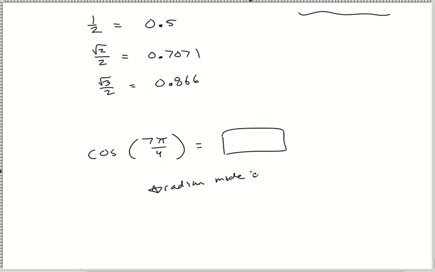Sorry, I was just changing my mode. Cosine of 7 pi divided by 4, and from my calculator I got 0.7071. I wonder what the answer is. Oh yeah, it's square root 2 over 2.